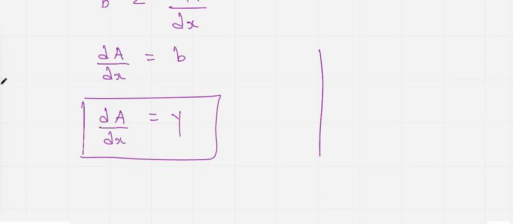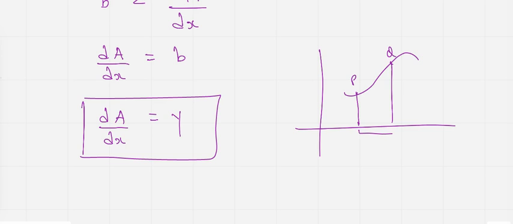How? You see, if this is a curve, and this is a point P and this is point Q, alright, so if P and Q have a certain breadth, that's what you call del x. So if there is a small change in del x, then there is going to be a small change in our entire area. So we come to know that this point Q has covered over here.